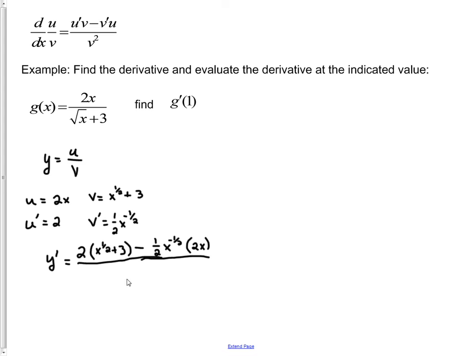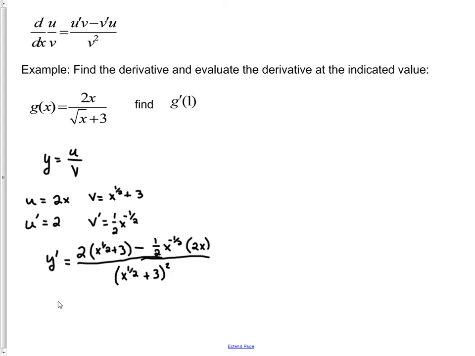All right, not so bad. All divided by the square of the denominator, which is x to the 1/2 plus 3 squared. So we square that entire quantity.